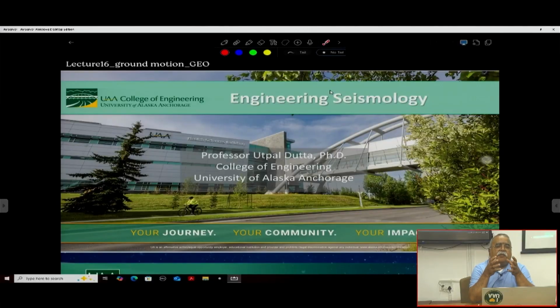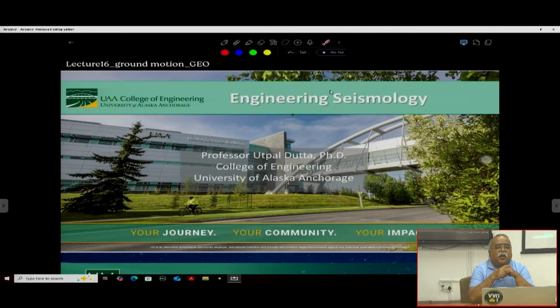If you know the Fourier transform of the recorded earthquake data, you can multiply it with the transfer function of the soil to get the Fourier transform at the recording station on the surface, right?